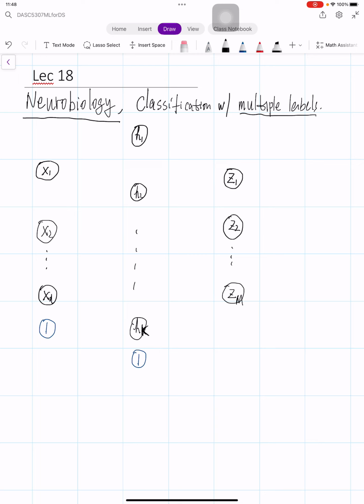So for one example, we construct the linear transformation, and then we apply some activation function.